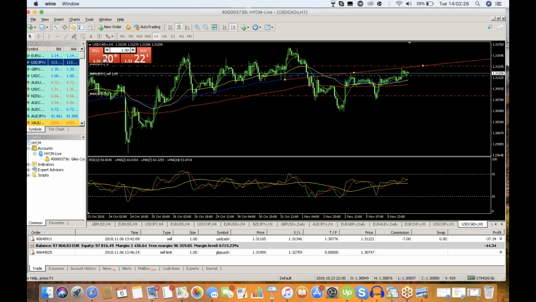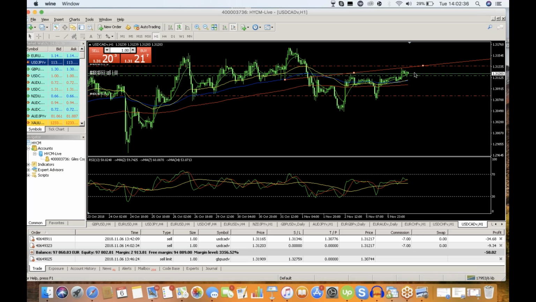You would just quickly decide, oh, I really want to enter this trade. You've got your lot size there. You pop it in, make sure that's what you're happy to risk. You press sell, and then you can quickly drag your stop above the highs, and then drag your take profit down to the lows. Quite simple and quite easy to do. So that's just another option.